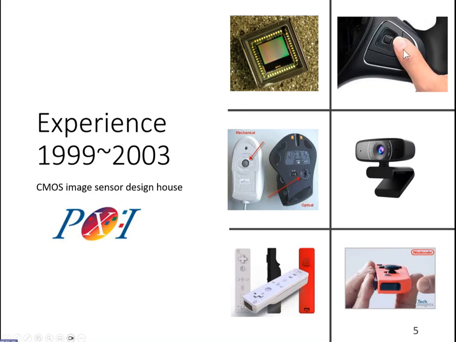And this is the sensor. The CMOS sensor can also be used in cars. This is the steering wheel, and there is a sensor here. Once you use your finger to move left and right, up or down, the sensor can know the movement of your finger.